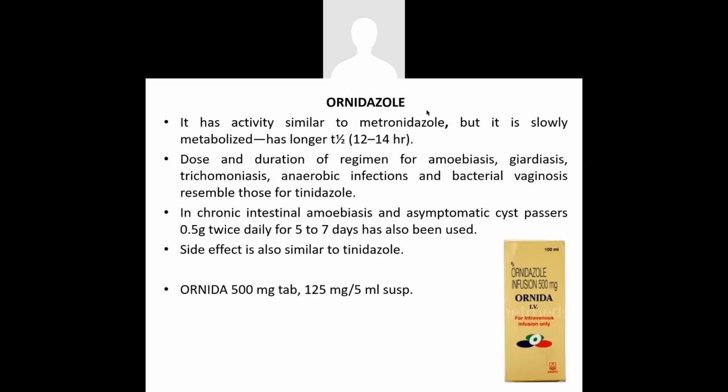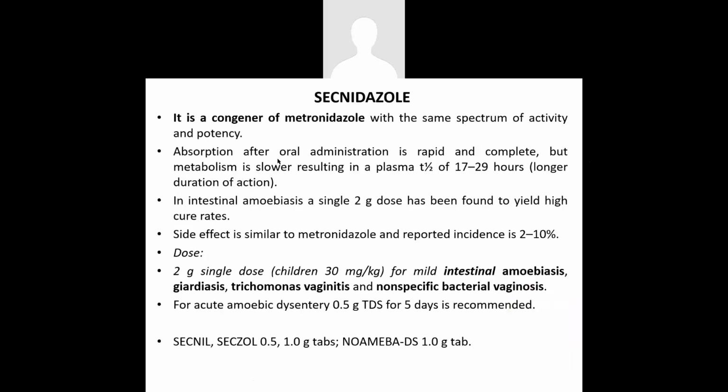For ornidazole, which has a longer duration of action than metronidazole, it is used for treatment of chronic amoebiasis and asymptomatic cyst passers. So it's used for treatment of cyst passers. The side effects are similar to tinidazole.